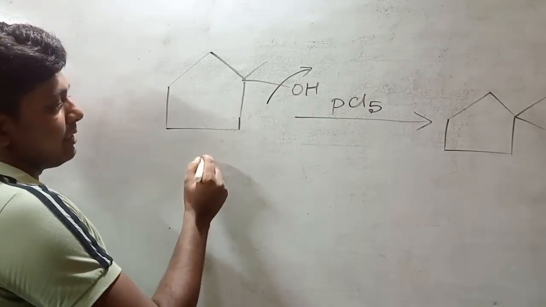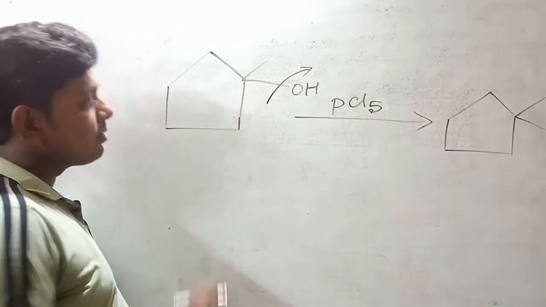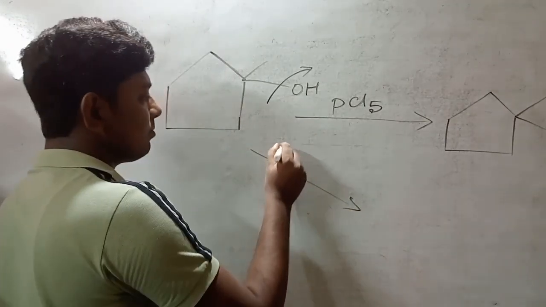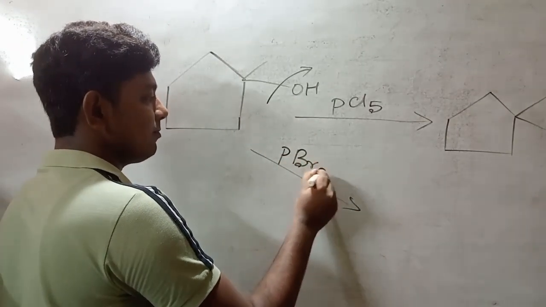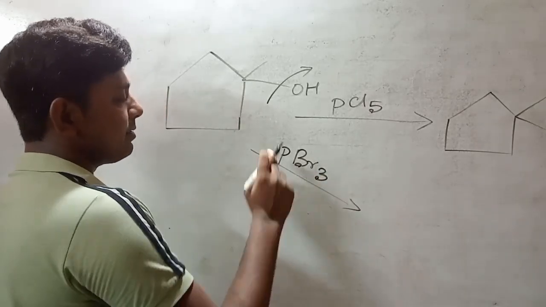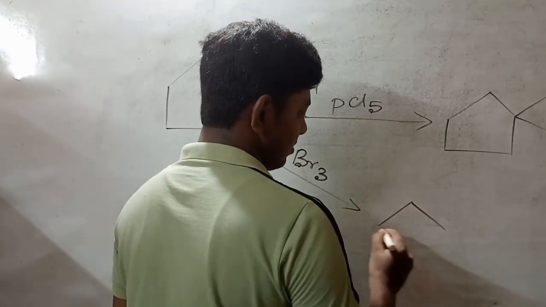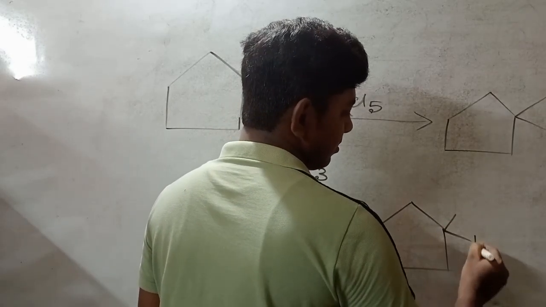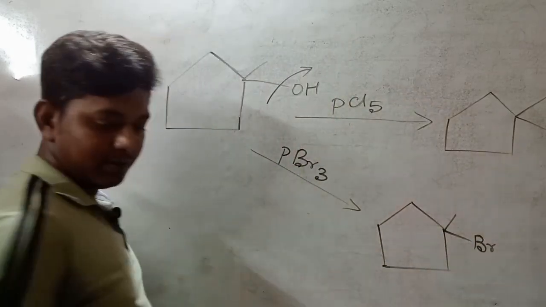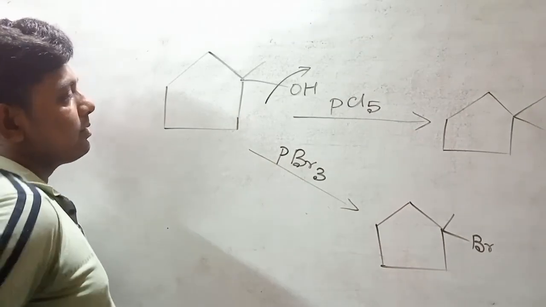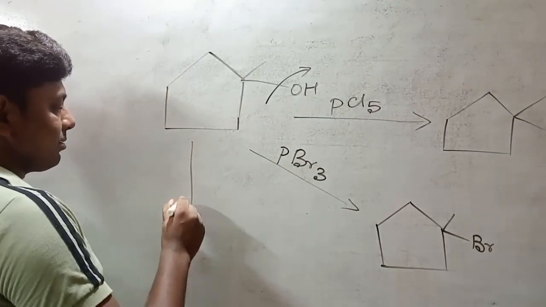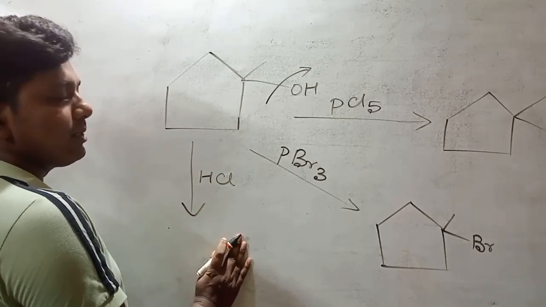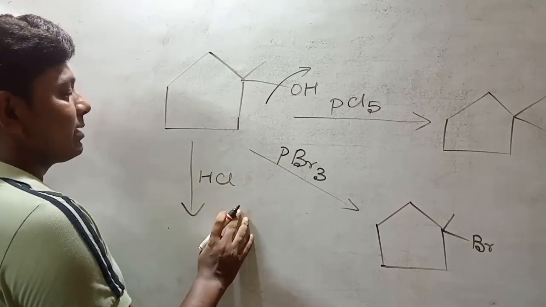Now in these reactions with PBr3, after that a bromine atom is added here. Now these reactions undergo HCl, so rearrangement is possible.